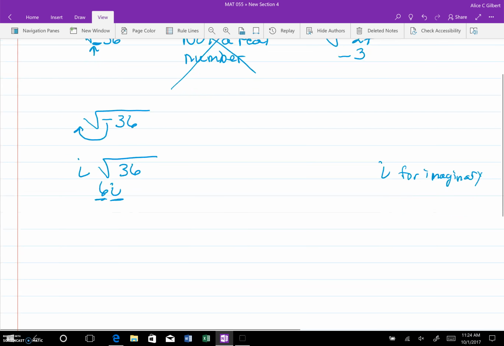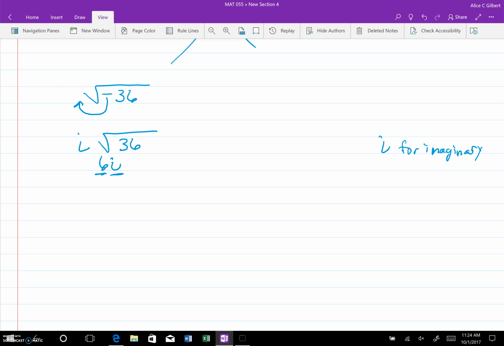Now here's the thing that you need to know big time. i squared equals negative 1. Because what we're trying to do is multiply an even number of negatives and get a negative number. So what we needed was this imaginary thing that said, if I square it, or to the 4th or 6th or whatever, I end up with a negative 1.